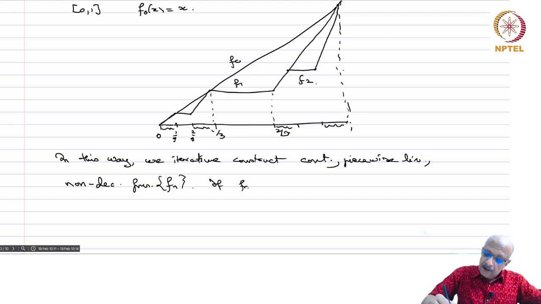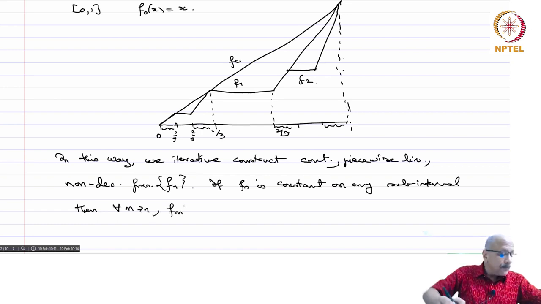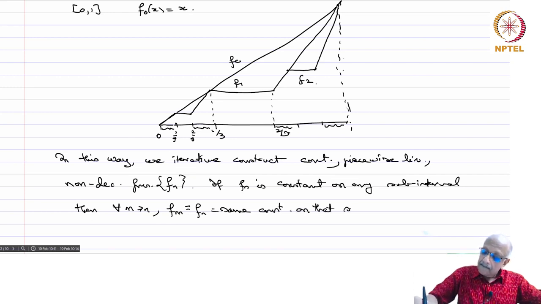If fn is constant on any subinterval, then for all m greater or equal to n, fm equals fn, the same constant, on that subinterval. Once it's a constant, you don't meddle with it. You always apply this construction only in the non-constant parts, that you divide by 3 and go on.